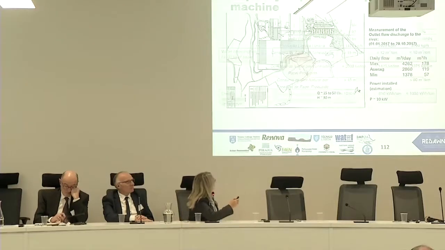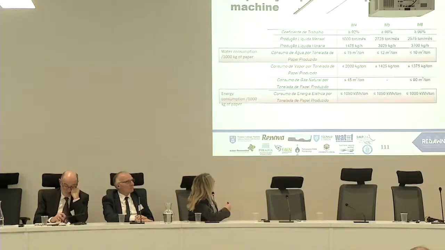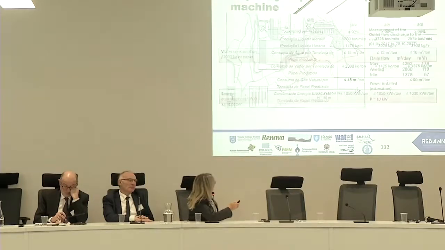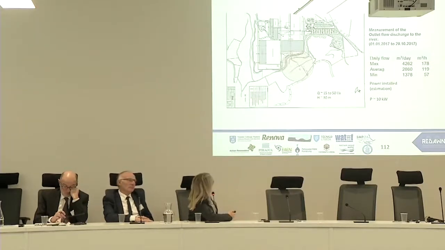Here we can have an idea about the consumption of water in a manufacture too. These are the machines used for paper manufacture, and here we have the energy consumption associated with this. So it is an ideal site to try to produce energy to compensate the energy consumption used in this manufacture. This is a quite small example.